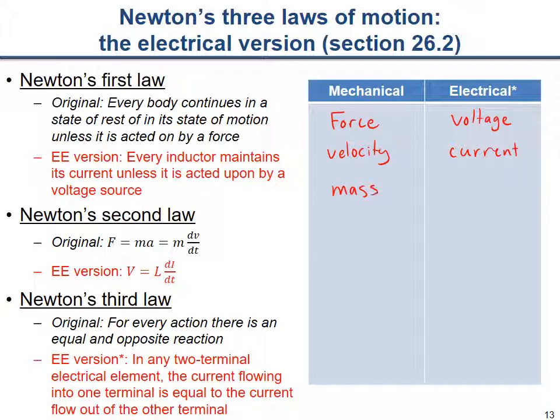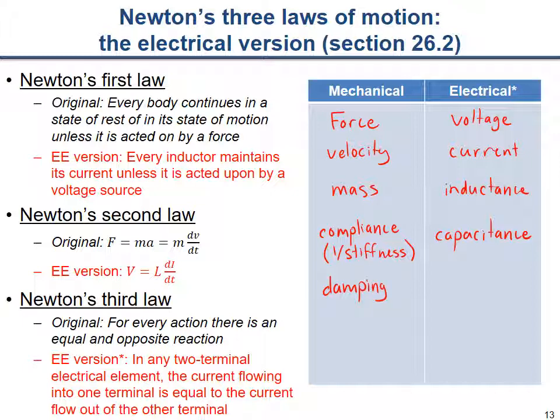Mass is well represented by inductance, according to the equations we showed for Newton's second law. Compliance, which is 1 over the mechanical stiffness of a device, is well analogized by capacitance. And damping, what slows down mechanical motion, is resistance.